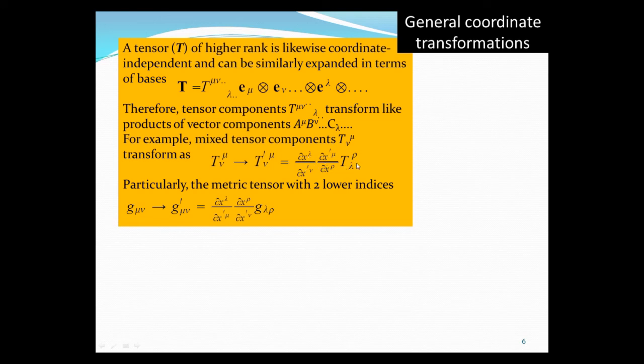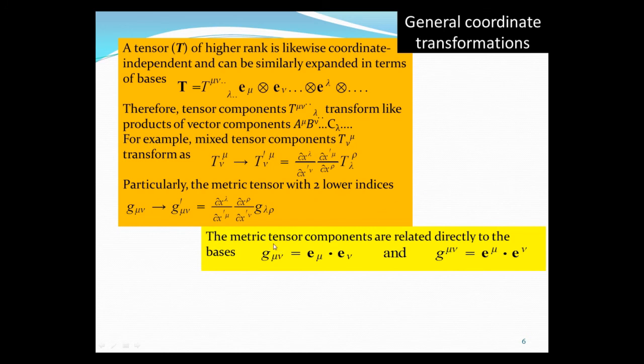So we can easily work out the general cases. In particular, for the metric tensor, which has two lower indices, it transforms with two transformation matrices, each del x over del x prime.